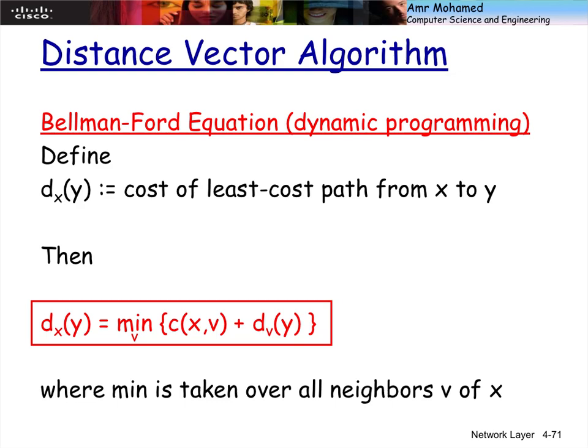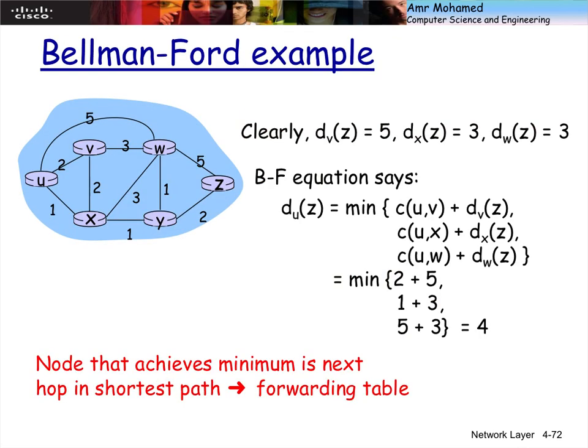Of course this is very simple. So from U, if I need to reach Z, what will happen is that at some point I will receive vectors of distances from all the neighboring nodes, which are X, V and W. These are neighboring nodes. I know the cost for these links. I know that for sure.